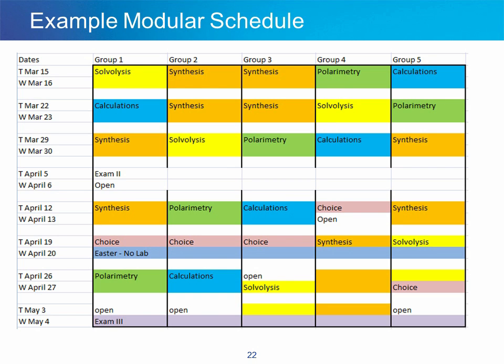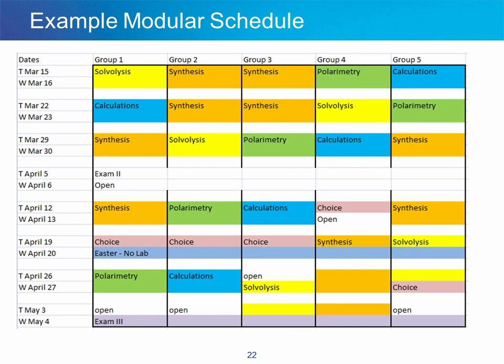Notice that over a period of 6 weeks, we were able to rotate these students through the solvolysis laboratory, and then they rotate through other experiments, including synthesis, polarimetry, theoretical, computational studies, and then we also are able to balance this particular schedule with exams and spring break and Easter holidays.